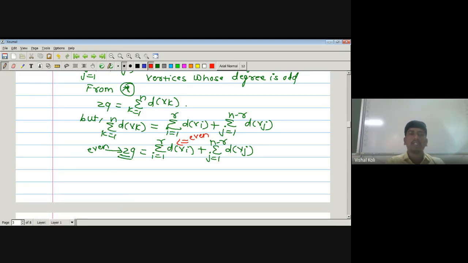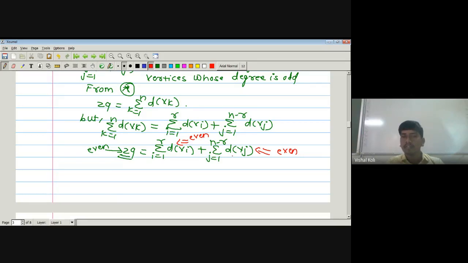So here the LHS, the left hand side, will be even, and summation i running from 1 to r of d of vi is also even. That is, 2q is equal to the addition of these two summations, and the LHS is even, and the first term of this addition is also even. Therefore, to make the RHS even, this must be even; only then is it possible that the LHS equals the RHS.